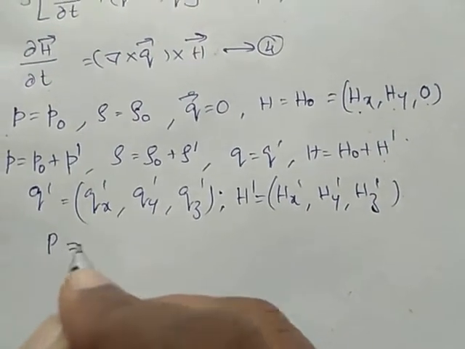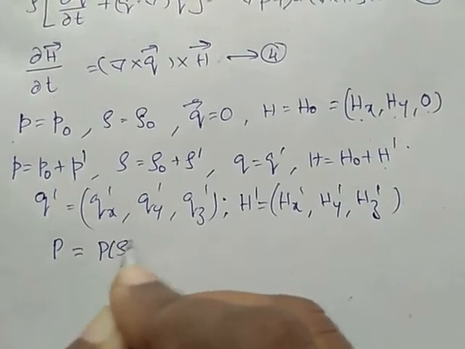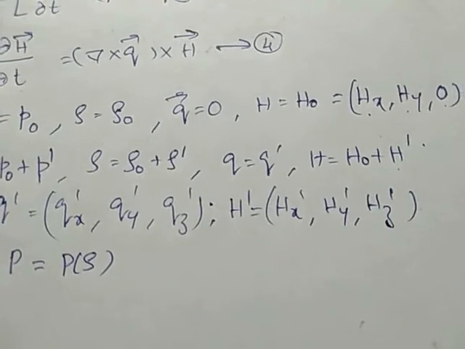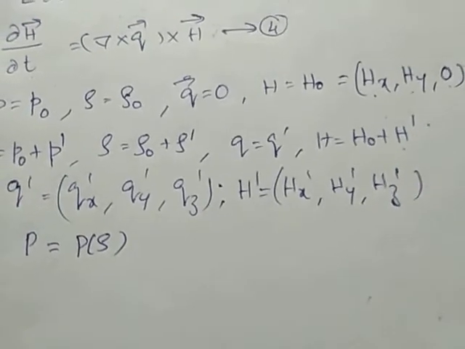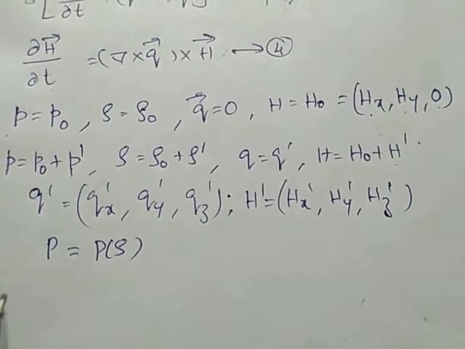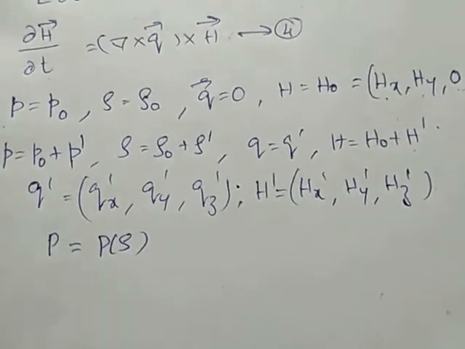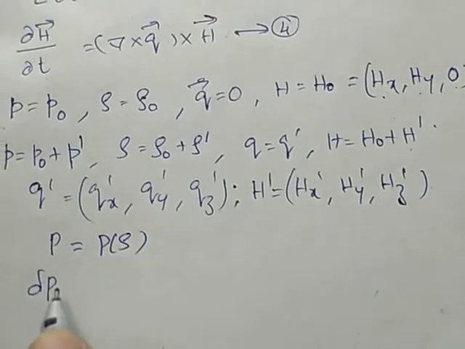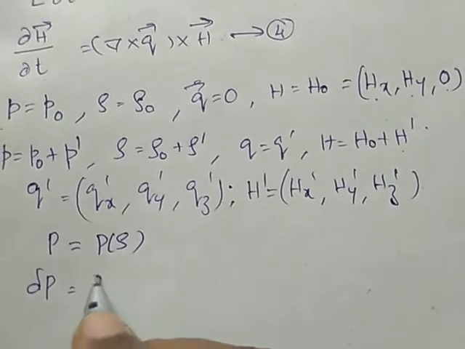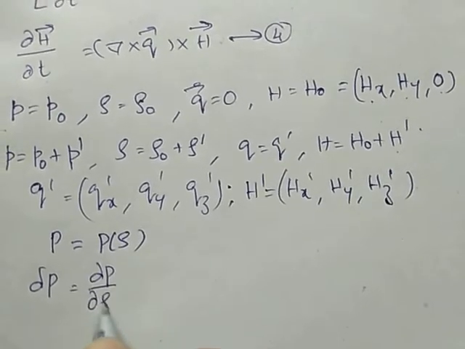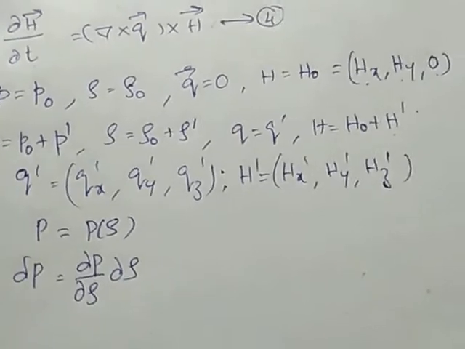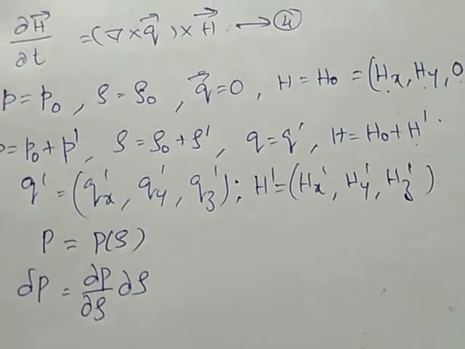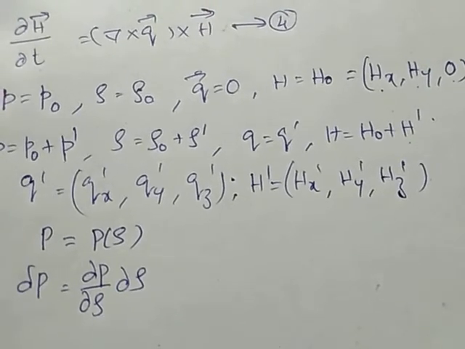So here I am considering pressure as a function of density. Therefore, we can write the small change in pressure, dP or del P, as dou P by dou rho times dou rho. So the small change in pressure happens with respect to density.